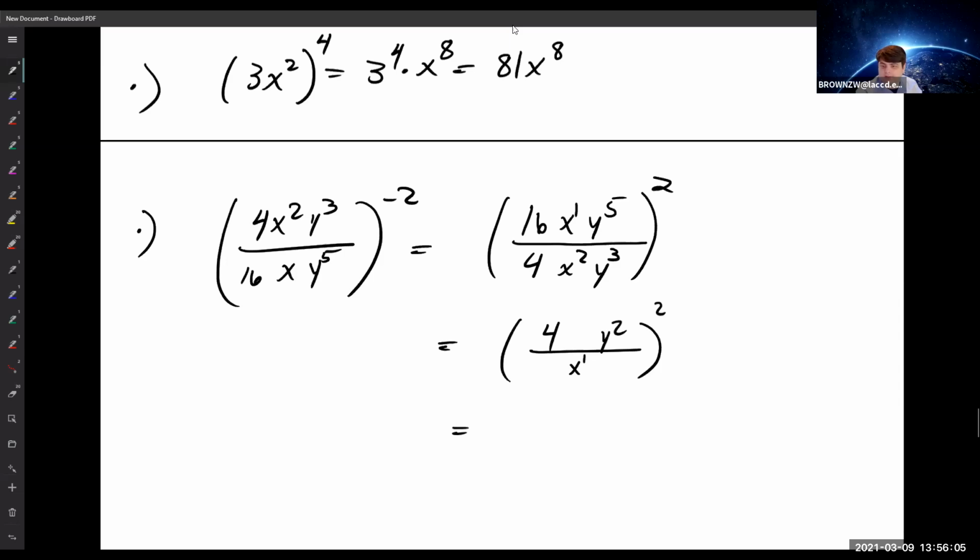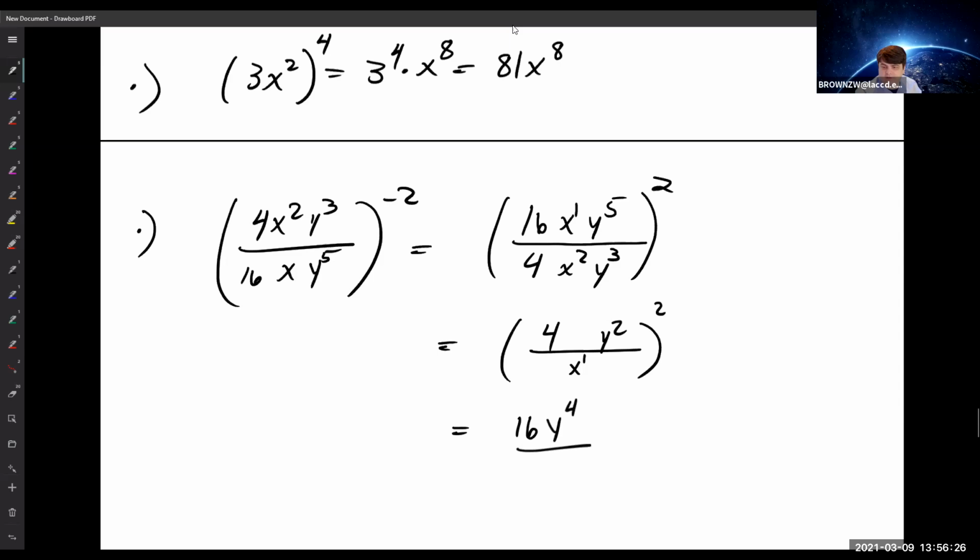Okay. So my last step is I'm just going to apply this 2 to all 3 terms. So first we have 4 squared, which is 16. Y to the 2 raised to the power of 2, we multiply that together to give me y to the 4th.